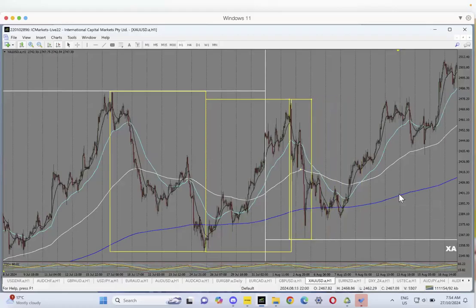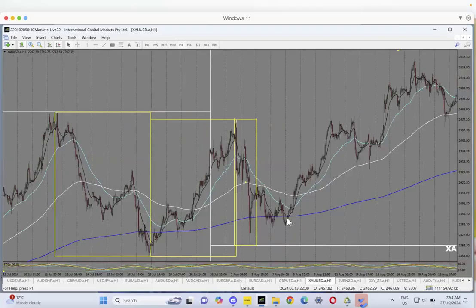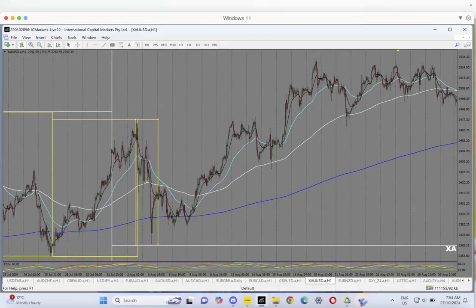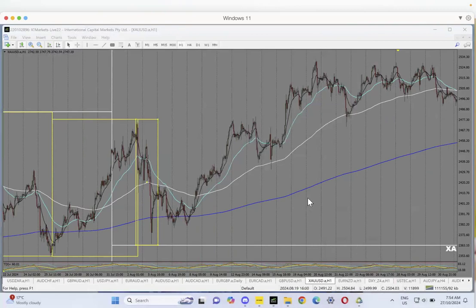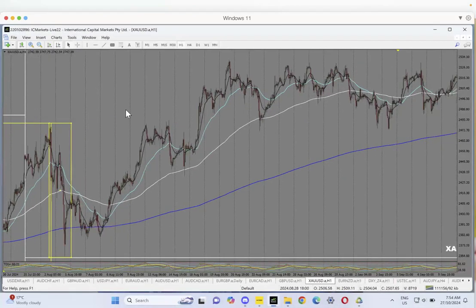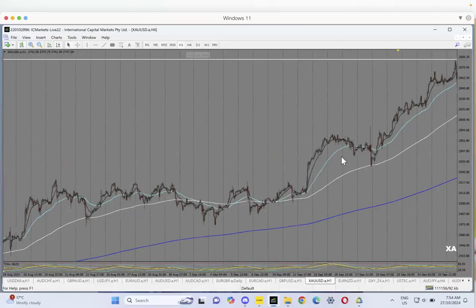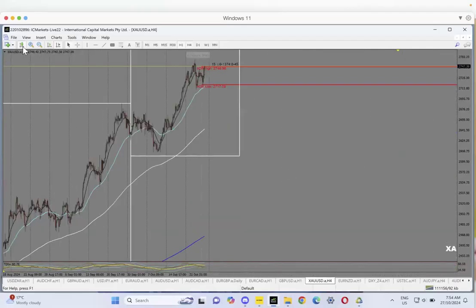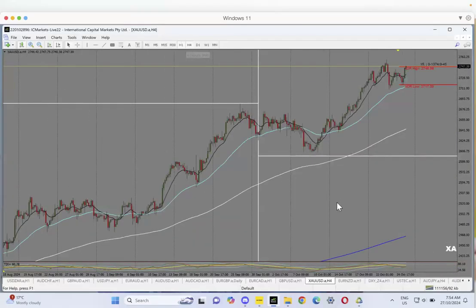It was just 2 levels. All right. But then after forming that W, the market then decided to go up. Okay. Now, back to our last box. So that's the box of interest.